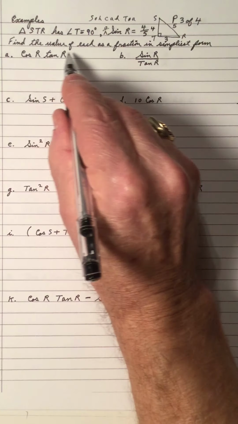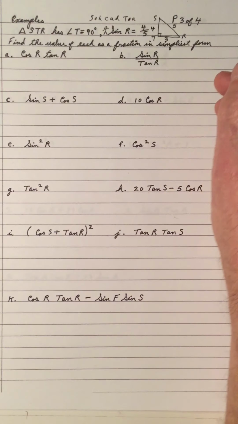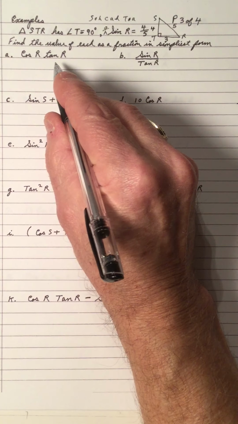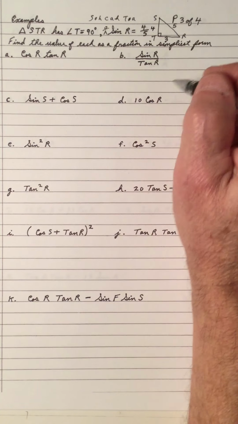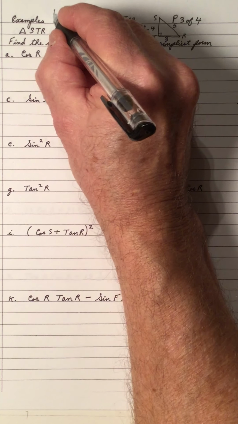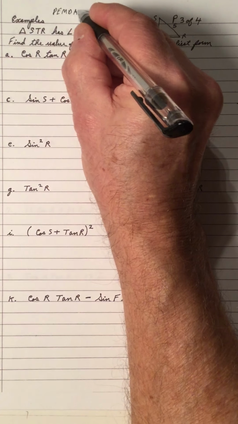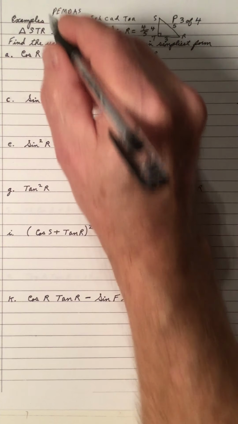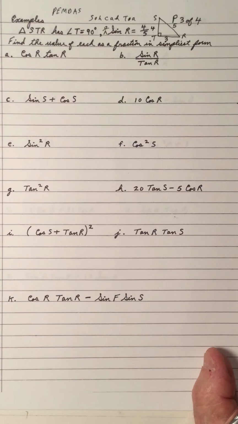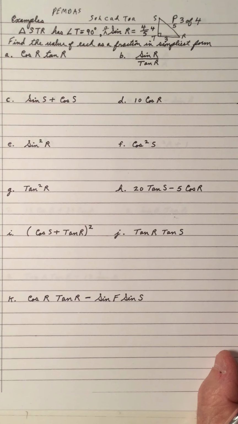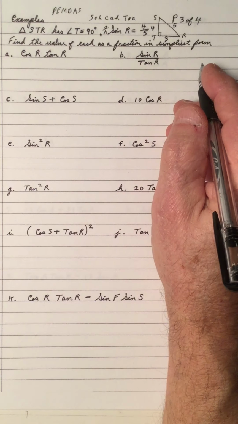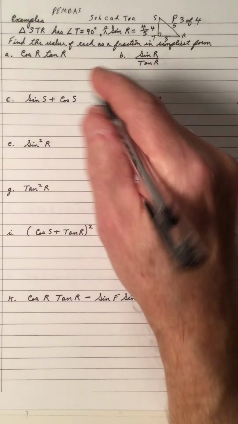Now, find the value of each as a fraction in simplest form. So notice what we're doing now is working out PEMDAS, or BEDMAS. So if you keep that in mind in working out these, we do the order of operations.